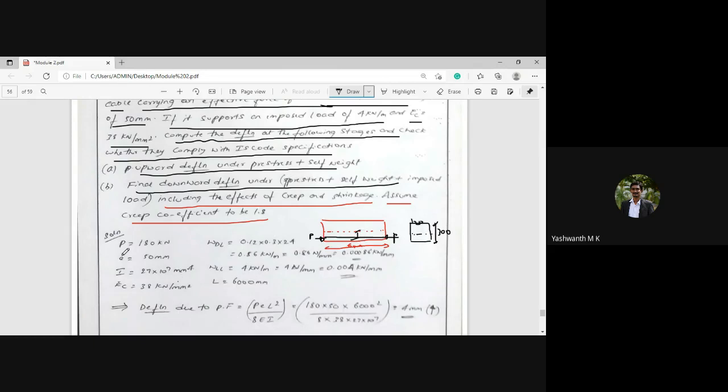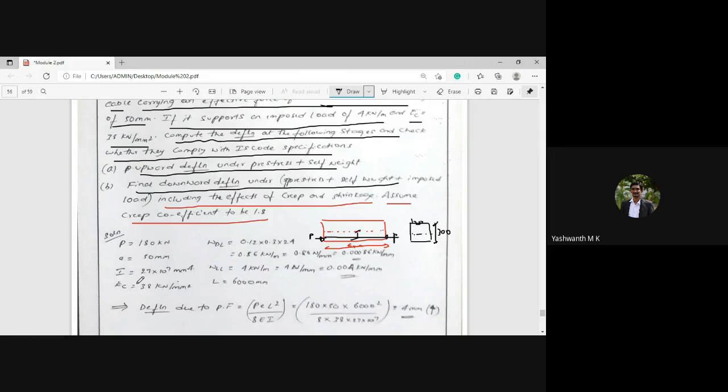So as I stated, let me write down all the parameters or basic data. Pre-stressing force 180 kilonewton, e 50 millimeter. Moment of inertia for a rectangular section is 120 into 300 cube by 12, that is bd cube by 12, which is 27 into 10 to the power of 7 millimeter to the power of 4.